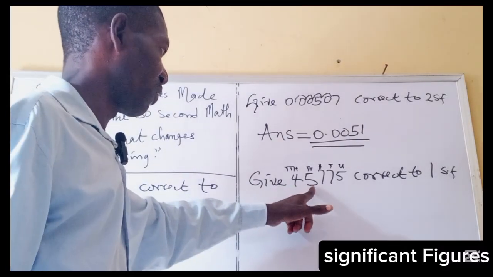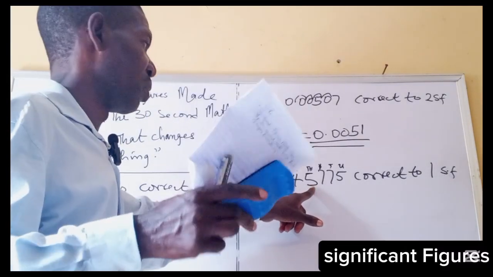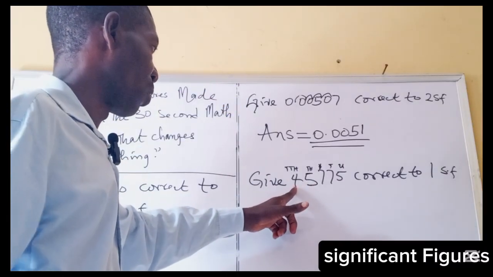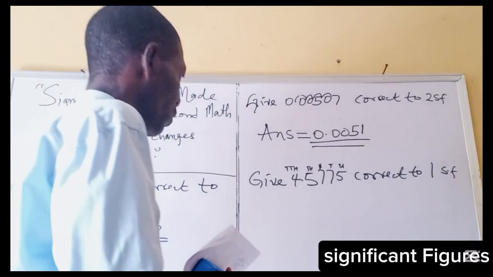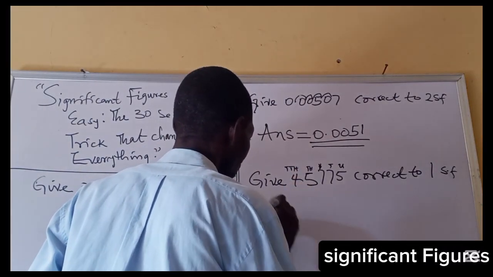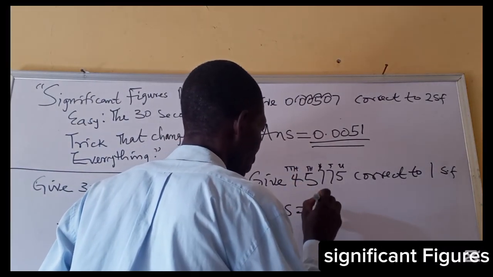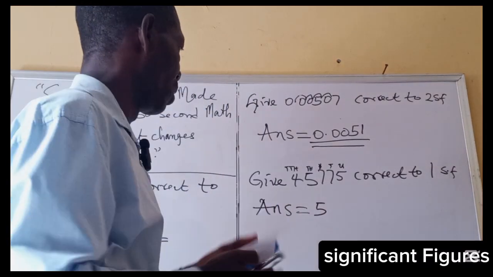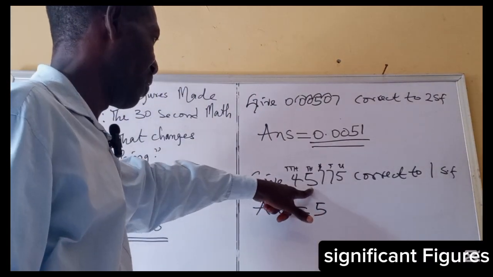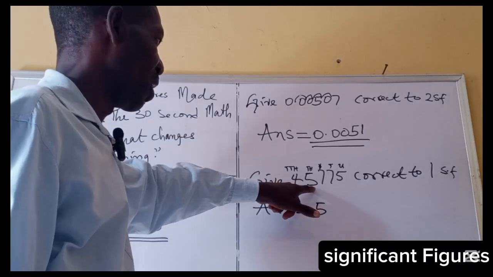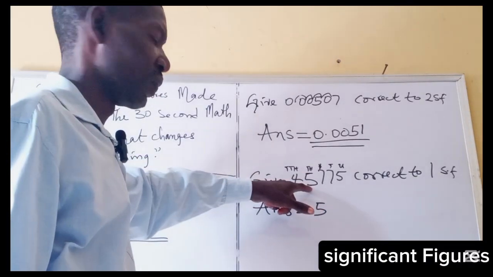Because this is 5 now, we are going to round up, meaning you add 1 to this 4 to be 5 now. Our answer is equal to 5. You add, because this next figure, which is the second significant figure, is up to 5.